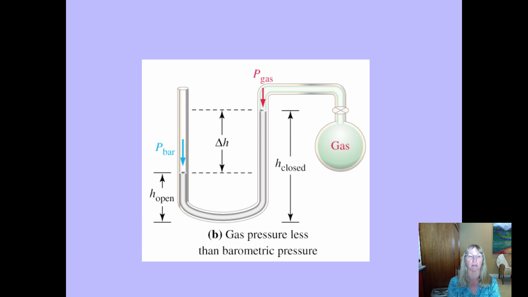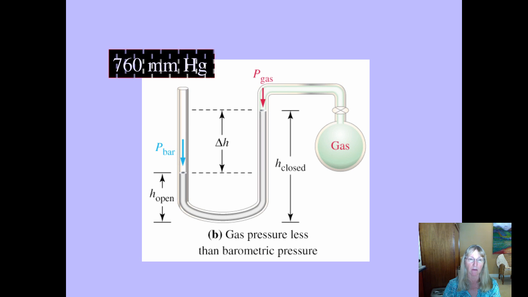Now look at this picture, and hopefully you can recognize that the pressure inside must be less, because the outside pressure, still 760 in this context, is pushing down with more force, so the level of mercury on the left-hand side is lower than the level of mercury on the right-hand side. We still find the difference between this height and this height.